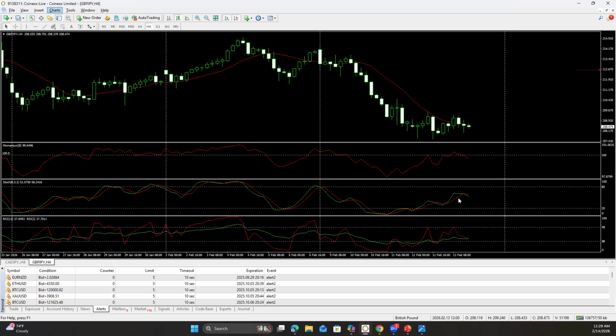Because what it is doing is, just like it says in the definition, measuring the magnitude. How much horsepower do I actually have in this pair at this point?